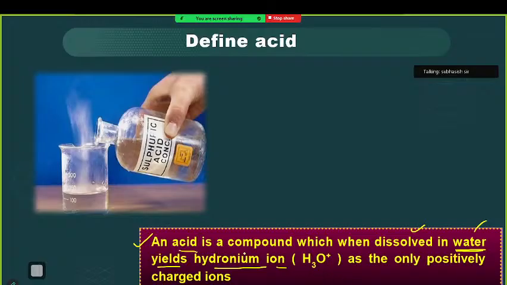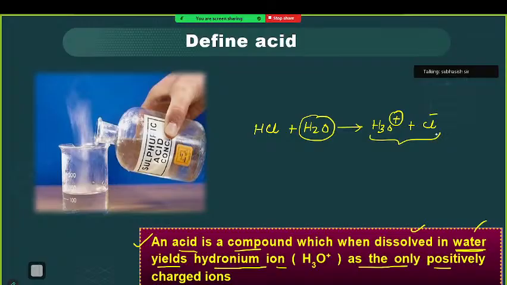An acid is a compound which, when dissolved in water, has only positively charged ion. For example, if you consider hydrochloric acid, HCl. HCl, when added into water, produces H plus, and that H plus gets attached with water with the formation of hydroxonium ion and Cl minus.